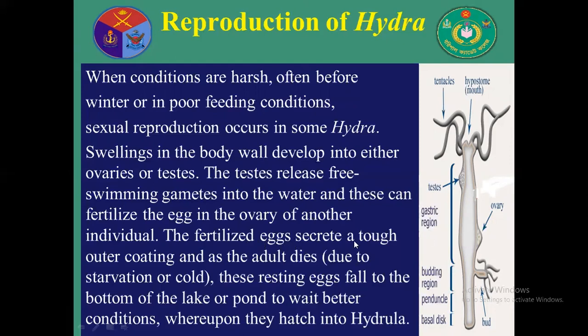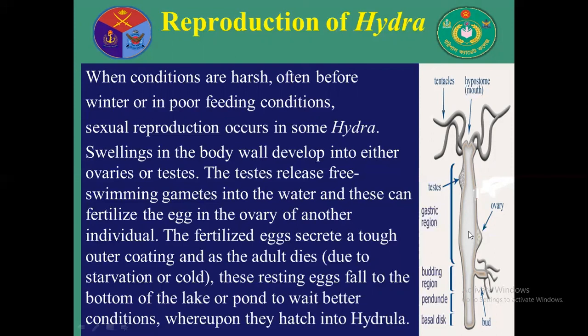The fertilized eggs secrete a tough outer coating, and as the adult dies, this resistant egg falls to the bottom of the lake or pond to wait for wetter conditions. When sperm meets the ovum, they make a zygote, and the zygote forms a membrane called a cyst, and waits in the pond for better weather.